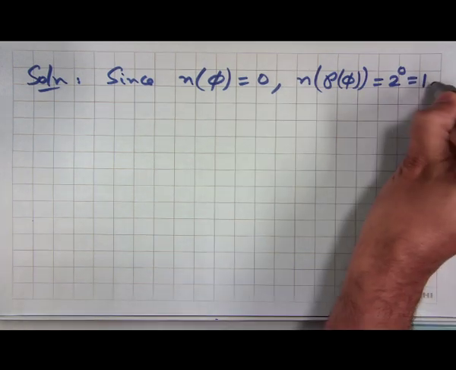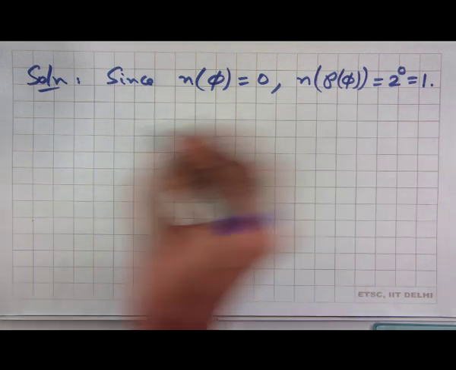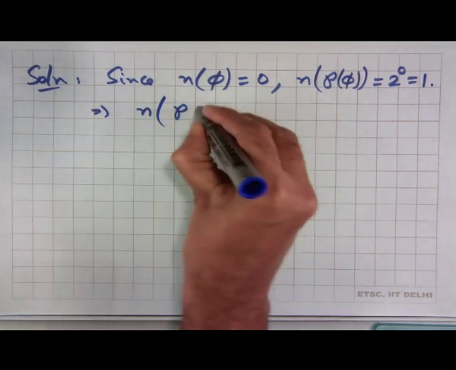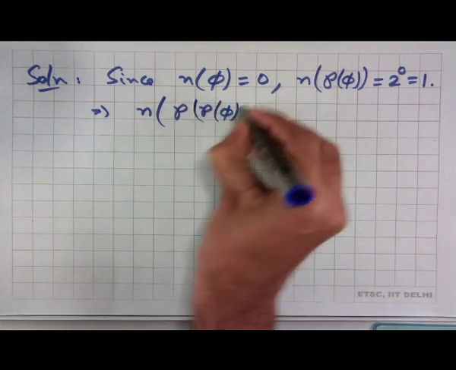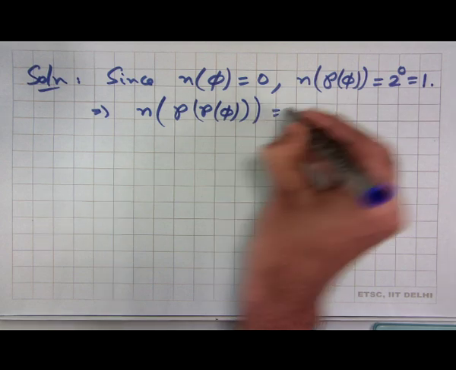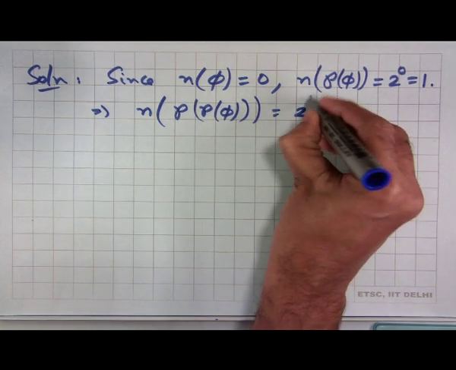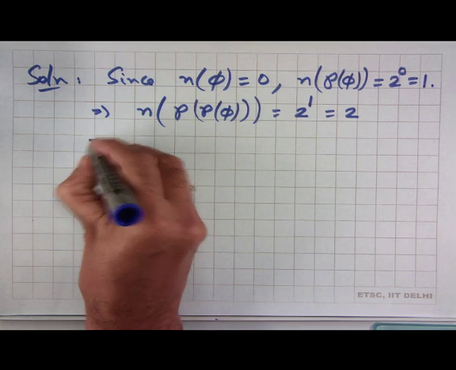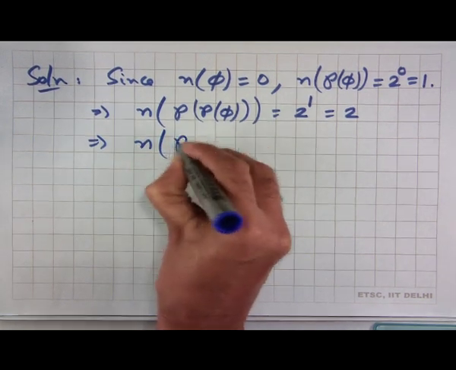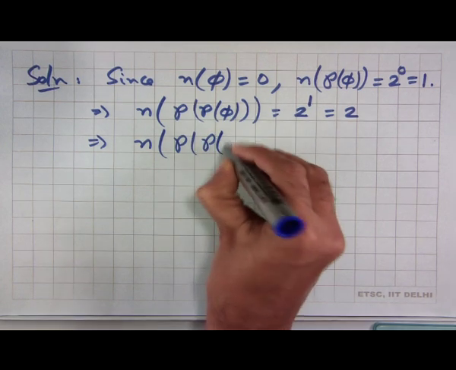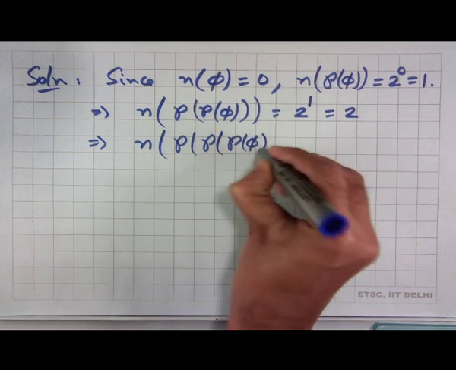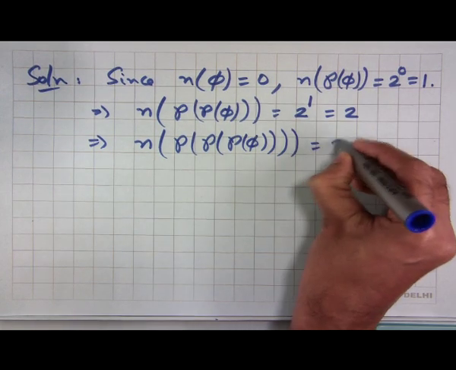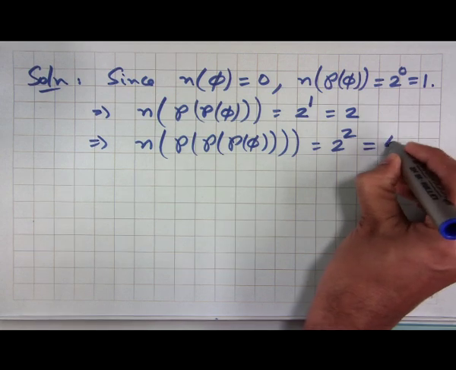So, the number of elements in the power set of the power set of phi is 2 to the power 1, so this is 2 squared, which is equal to 4.